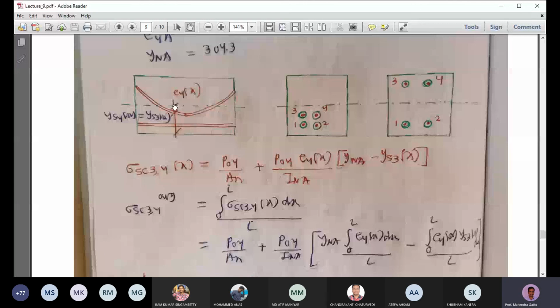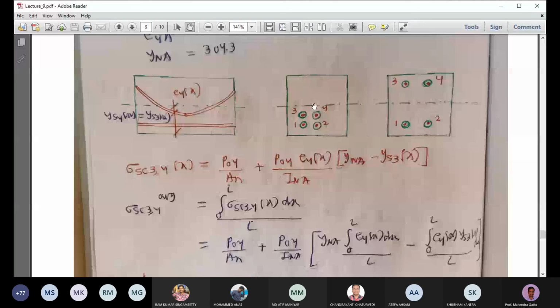So when you say y neutral axis minus ys3, for this case, at least for the end section, the y neutral axis coincides with the centroid, h by 2. Here it is 304.3. Y neutral axis is a little above the centroid, and here it is at the centroid.